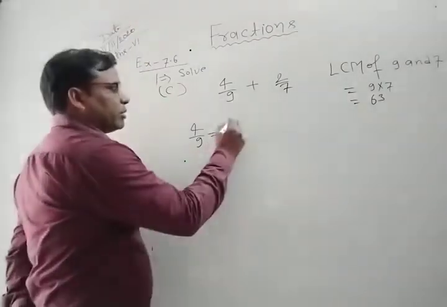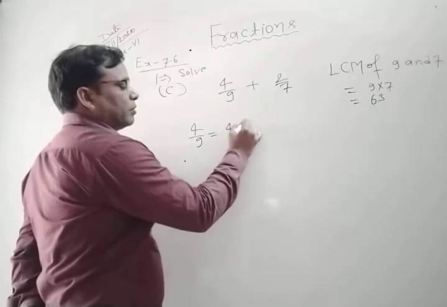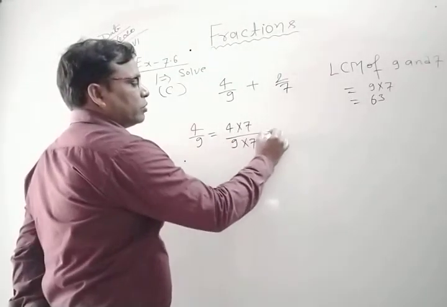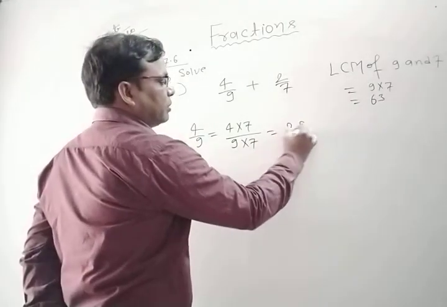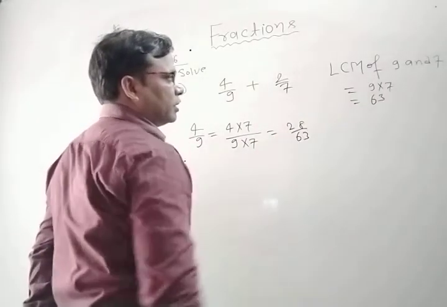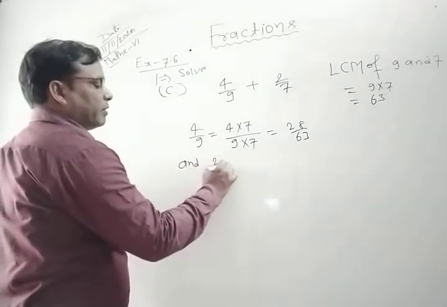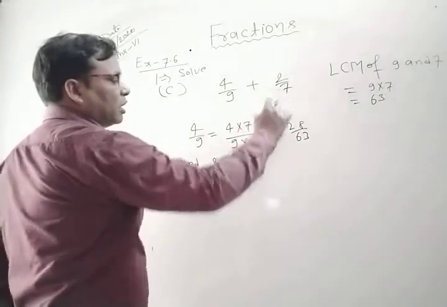So you multiply the numerator by 7, and it becomes 28 by 63. And the next fraction is 2 by 7.